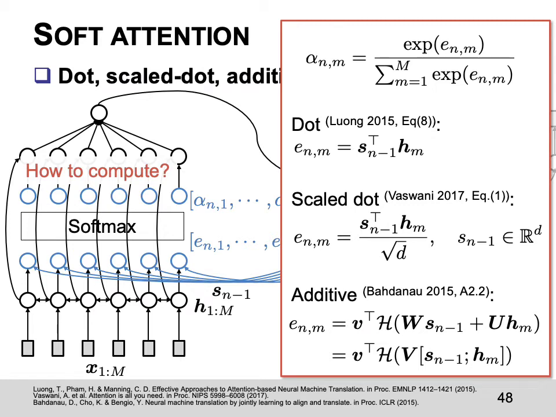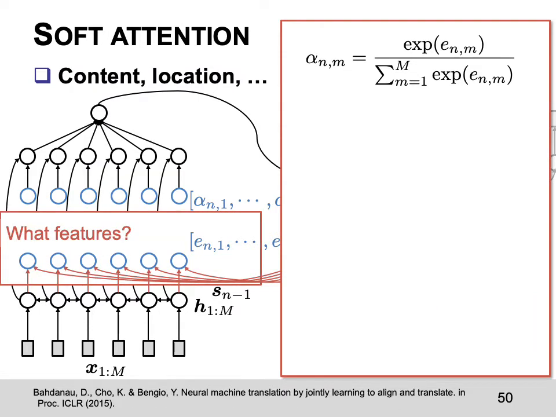Notice that for all three types of attention in this example, we're using the S vector from the decoder and the H vector from the encoder. In other words, we can consider H as the content of the input. So we multiply the content from the input text with the hidden state from the decoder in order to compute the alignment matrix. This brings us to the second question based on which we can classify different types of attention.